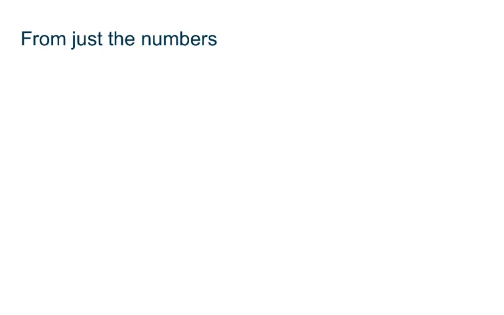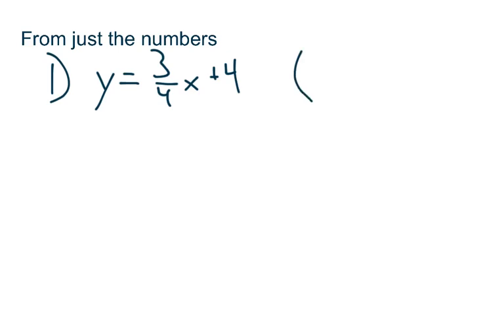The other way you can do it is to just be given the numbers. Odds are you're going to be given an equation. It might be something like, here's the equation: y is equal to 3/4 x plus 4. We want you to find the equation that's parallel or perpendicular at the point (12, 0). It's the same game. For parallel, we need to identify the slope first.